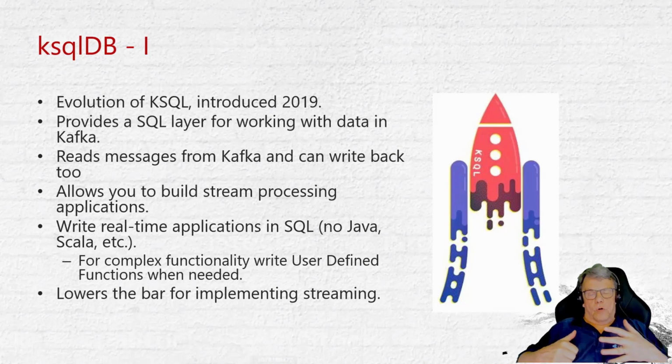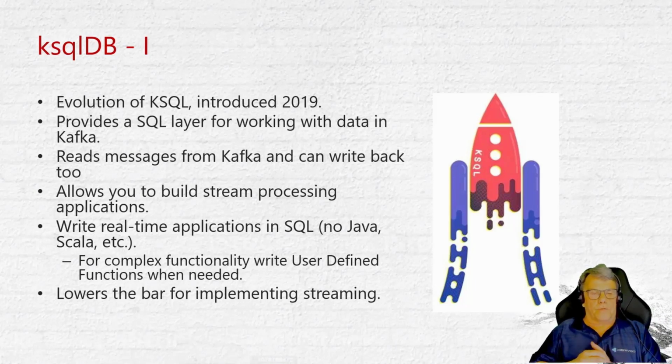Right. So after that, ksqlDB came. It's an evolution of ksql introduced in 2019, and it is now a true SQL layer for working with data in Kafka. We are reading from Kafka and we are writing back to Kafka.